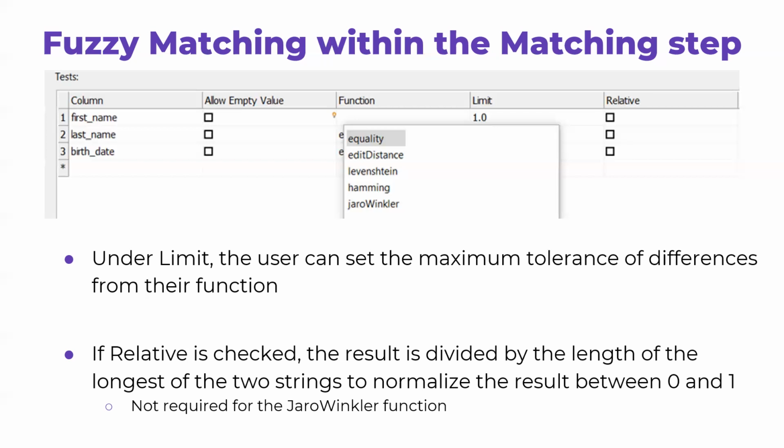If the relative Boolean field is checked, the difference between the two values that you're comparing is divided by the length of the longest of the two strings, which normalizes the final value between 0 and 1. Now, as the Jaro-Winkler function already returns a value between 0 and 1, you do not need to check the relative flag. And if you were to check it for the Jaro-Winkler function, then the step would give you a warning telling you that the Boolean flag you've checked is redundant.